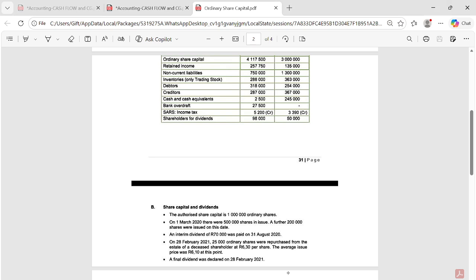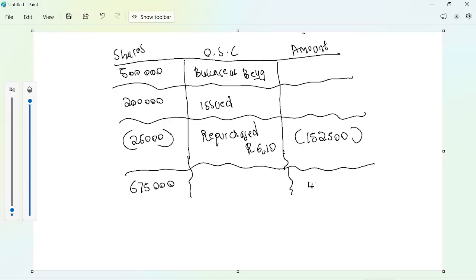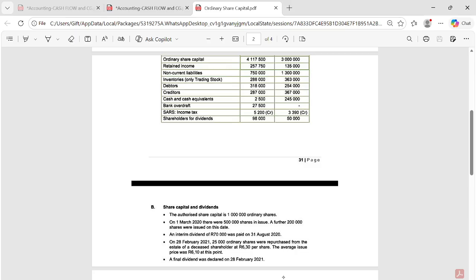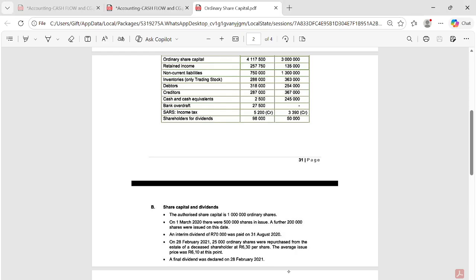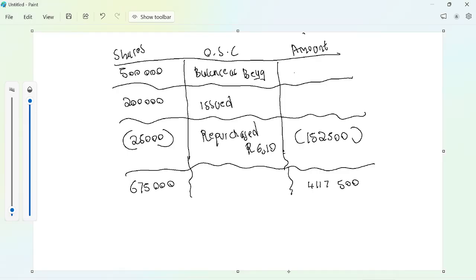I assume this is at the end, and at the beginning it's going to be 3 million. So you're going to say this plus this minus this, and you get your additional shares.